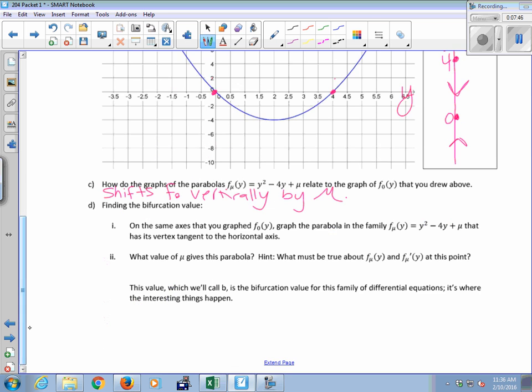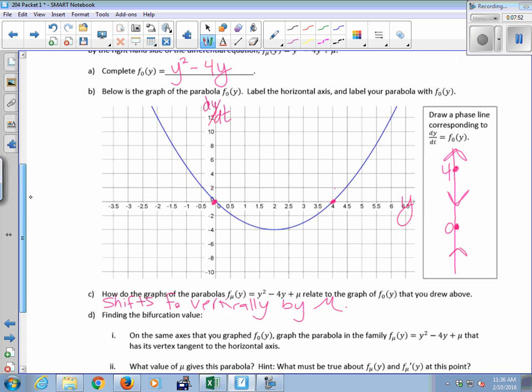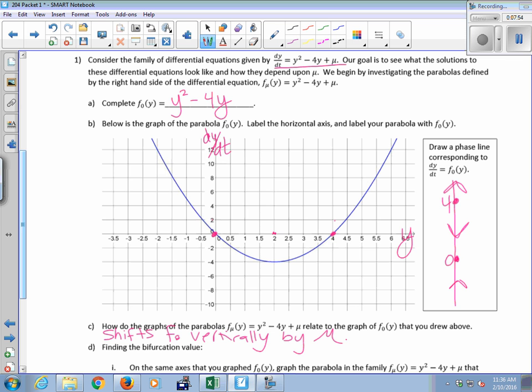So finding a bifurcation value: here I have on the same axes the parabola that has its vertex tangent to the horizontal axis, right here. If I shift everything up 4, I have to read the scale of my graphs here. Okay, shift everything up 4.